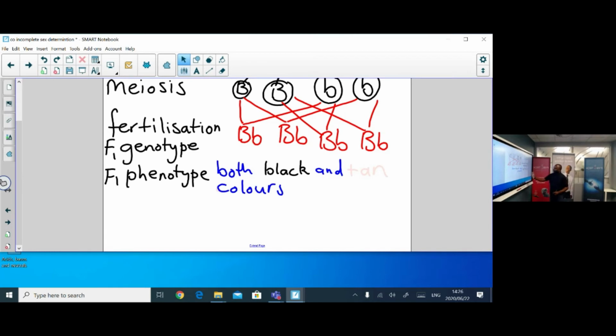All F1 phenotypes show both leg and spots or colors, as long as you indicate that. So that's what you get in a codominant scenario. Tomorrow I'm giving you an assessment only on codominance and incomplete dominance.